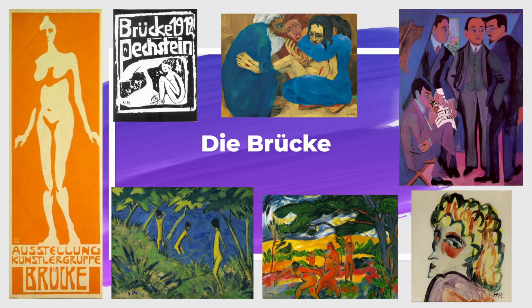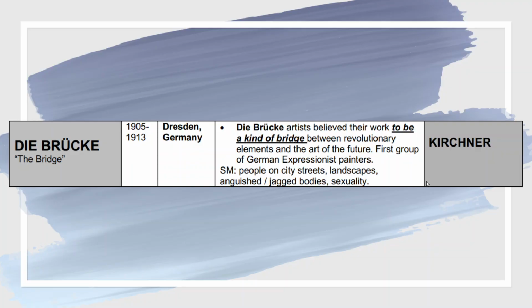Good. So Die Brucke is a smaller art movement within the same kind of time period. The only artist we have is Kirchner. His style is really weird. But Die Brucke was a smaller group that said we're the bridge between the past and the future.